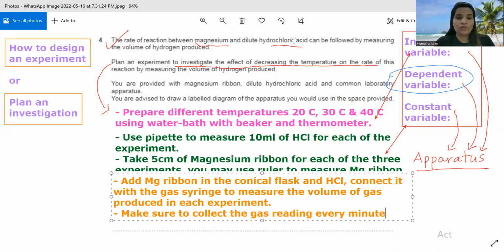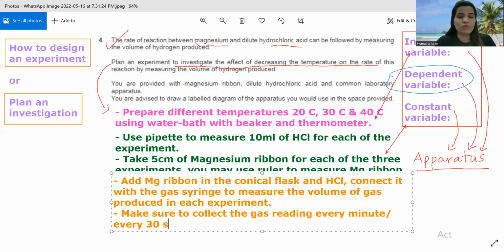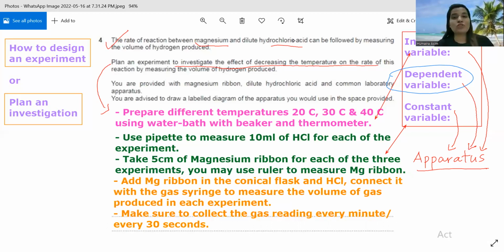Whatever you write, it should be the same, meaning you are going to keep the same time for collection of gases. This will also fall under constant variables, right? Where you keep an equal amount of time for all the experiments.